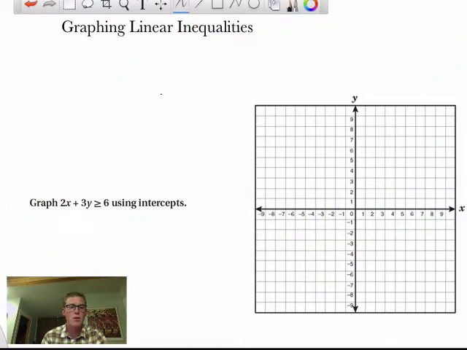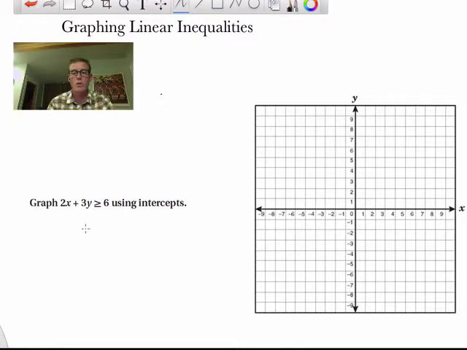All right, so now what we're going to do is graph 2x plus 3y is greater than or equal to 6 using intercepts. Okay, so we're going to have to walk back memory lane with the math that we were doing yesterday. What I'm going to do is solve for when x equals 0 and when y equals 0.